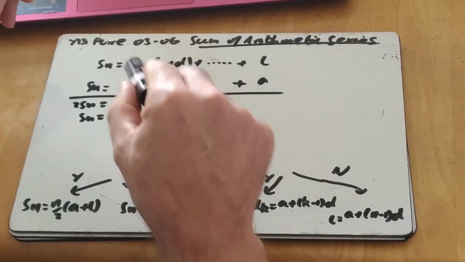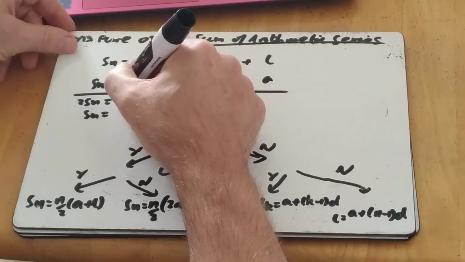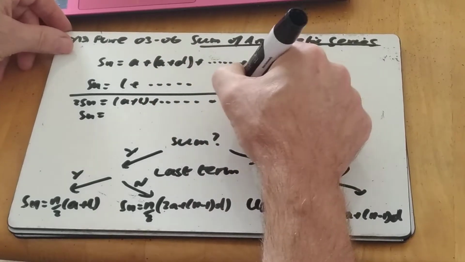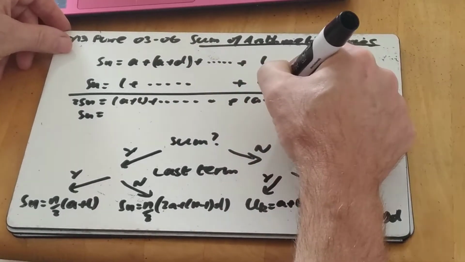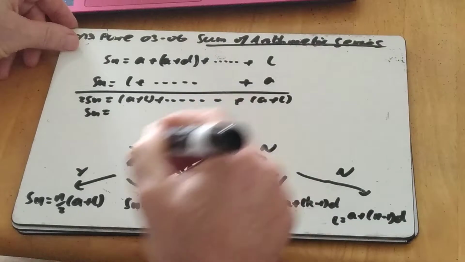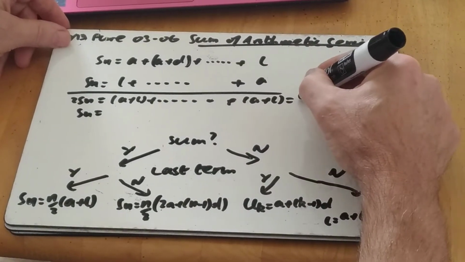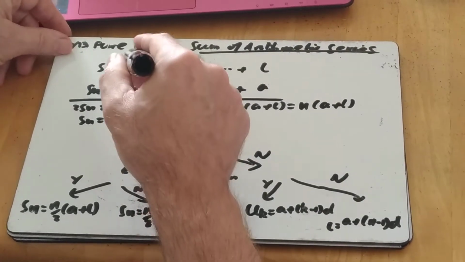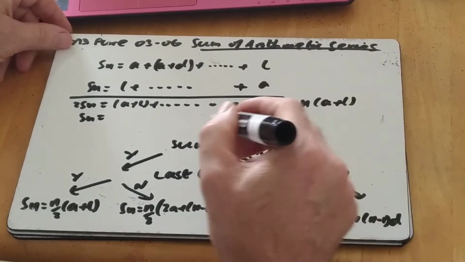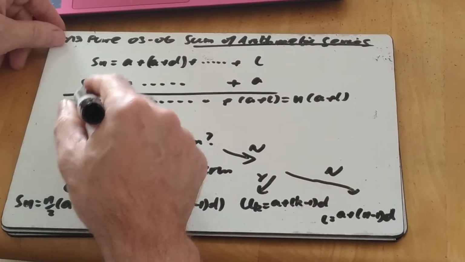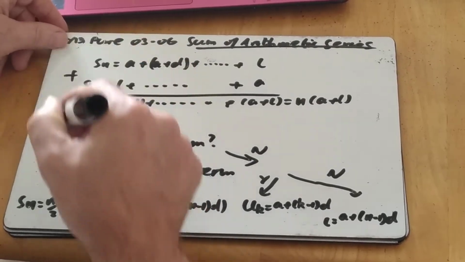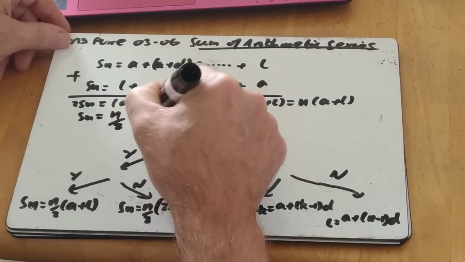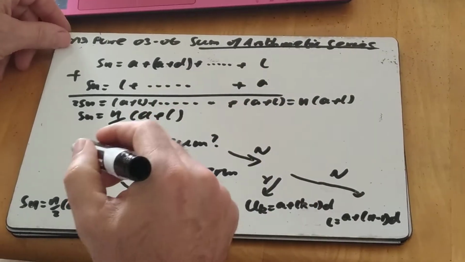Then when I add them together in pairs, I get a plus L, plus all the way up to the end, a plus L. Well, all that is n lots of a plus L. I've got that pair of terms appearing n times. So that's two lots of the sum because I've added them together. So our S of n can be written as n over 2 (a plus L).